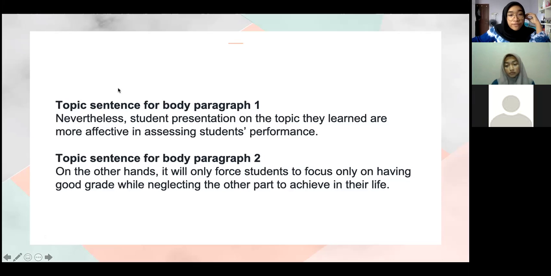So, nevertheless, student presentation on the topic they learn are more effective in assessing students' performance. And the topic sentence for body paragraph 2, I use transition signal that is, on the other hand, it will only force students to focus only on having good grade while neglecting the other part to achieve in their life.